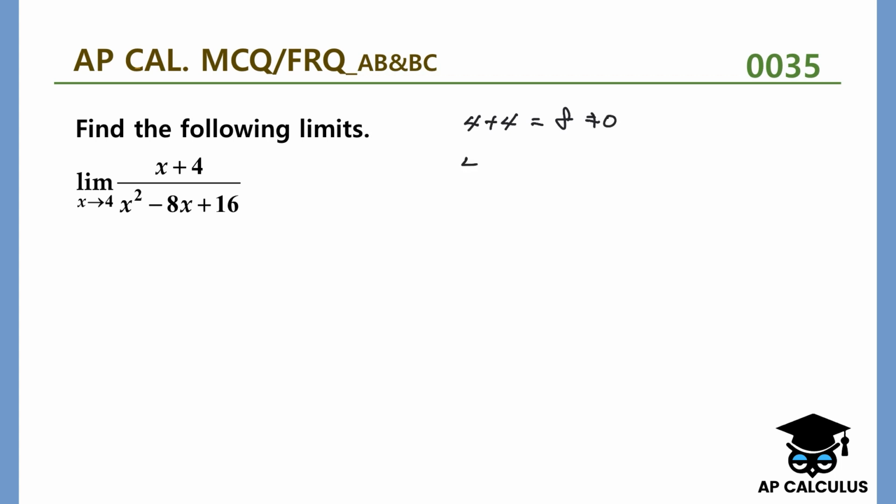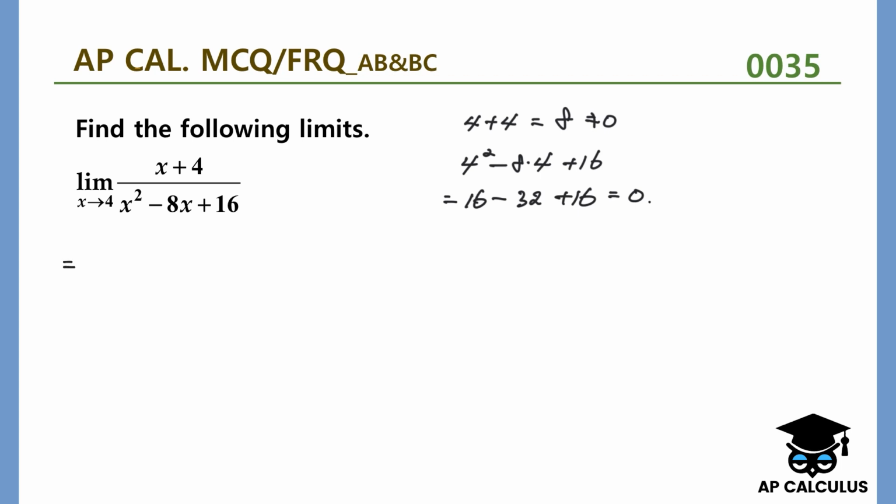In the denominator, we have 4 squared minus 8 times 4 plus 16, so that's 16 minus 32 plus 16, which is equal to 0. If only the denominator is equal to 0, that means we have a vertical asymptote at x equals 4, right?